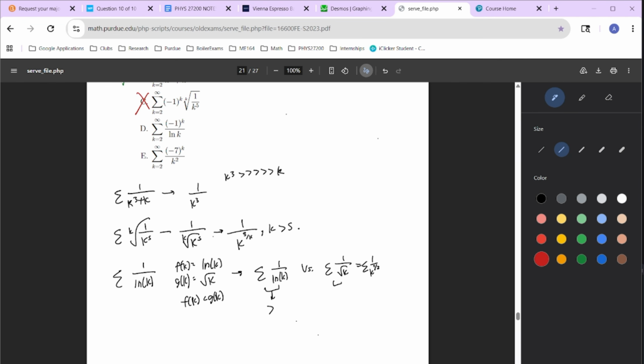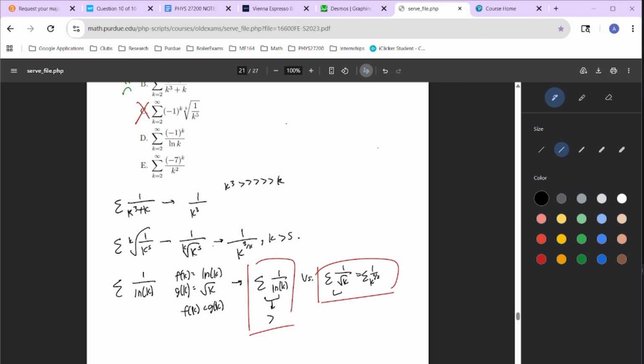And this specific series fails the p-series test, which means that this series diverges. But if this series diverges and its terms are smaller than the terms here, that means that the series of 1 over ln of k has to diverge as well, because it's guaranteed to produce a larger sum than a diverging series. Which means that answer choice D is incorrect as well.